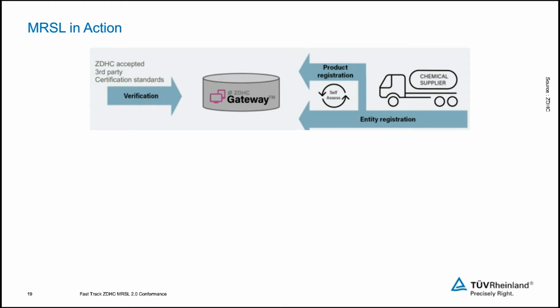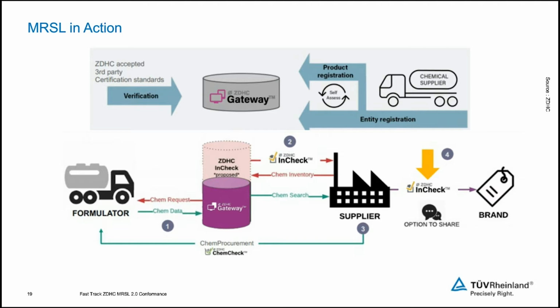To register at the Gateway is quite simple, and after the product registration is done, there is also the verification of the product by a third-party certification standard like TÜV Rheinland. Gateway enables you to submit or create specific documents.